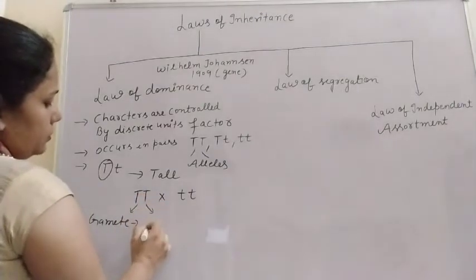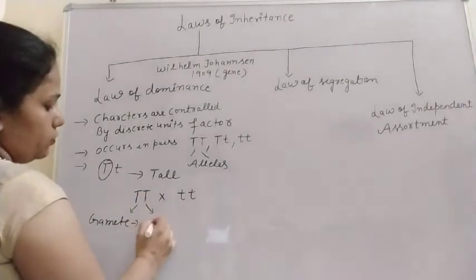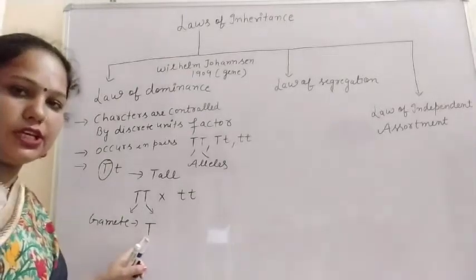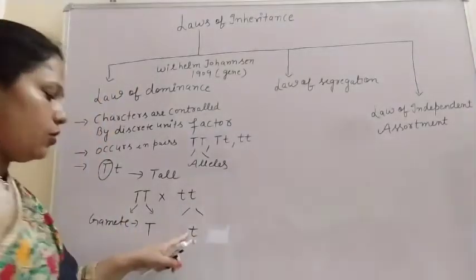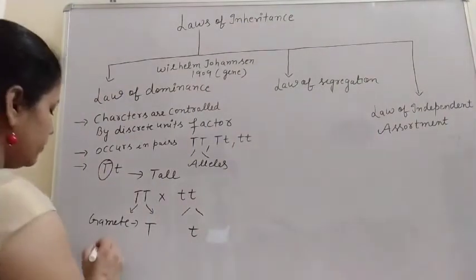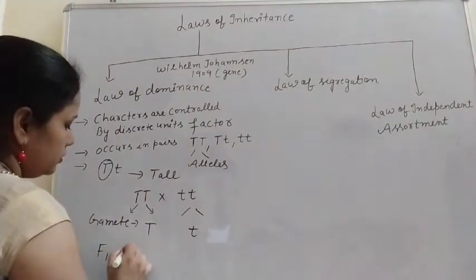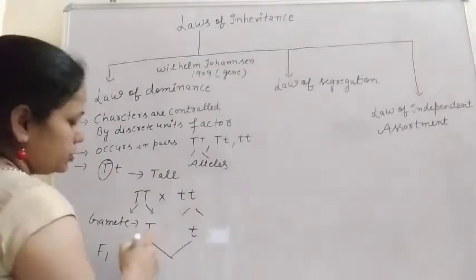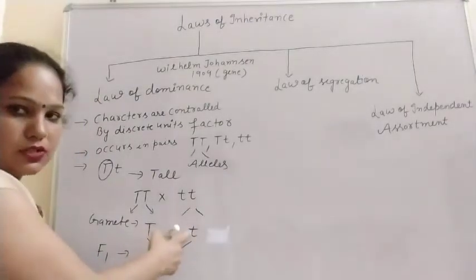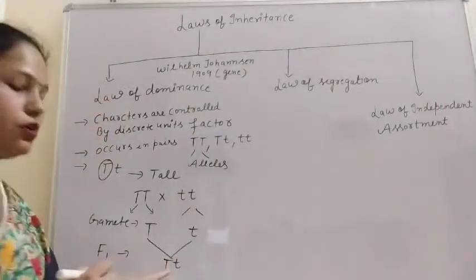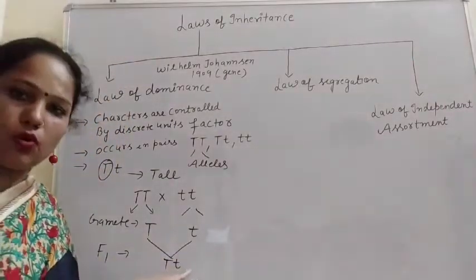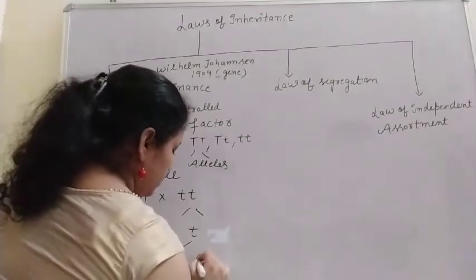They will separate, and both are the same, so there is no need to write two small t's here. Here also both are the same, so I am writing only small t. And what will be there in the F1 generation? There is the combination of capital T and small t, and all the plants are tall in the F1 generation.